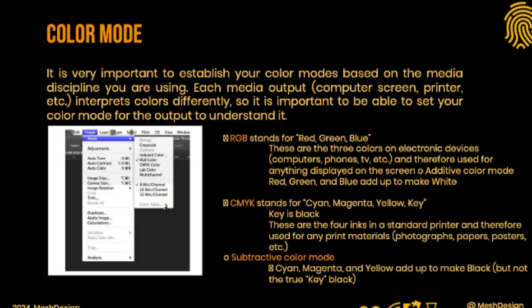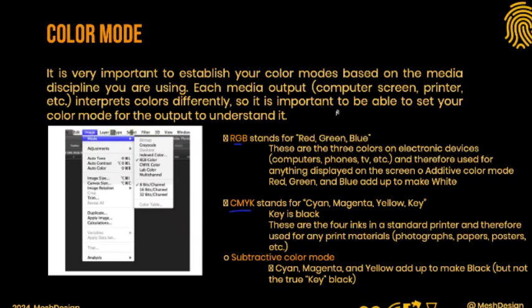And then color mode. As we all know, there are two types of color mode, RGB and CMYK. How to set the color mode in Photoshop is very important, so you establish your color mode based on the media you are using. Each media output, computer screen, printer, etc., interprets color differently.